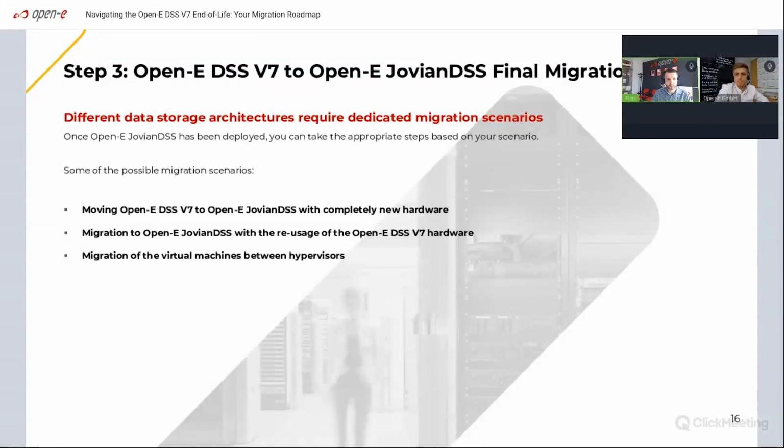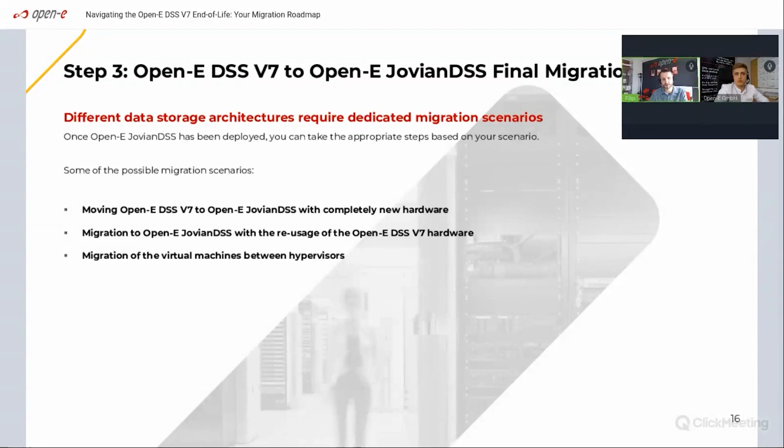Now you will be able to configure the create new data file replication task wizard, in which you simply need to fill in the steps regarding the source share and, importantly, the destination IP, which obviously in this case is the IP of your new Open-E JovianDSS system, with all the remaining necessary details such as the name of the destination, credentials, etc. Once you start the replication task, you will be able to observe its progress in both systems. Open-E JovianDSS zpool storage capacity will reflect the fact that new data is being replicated there.